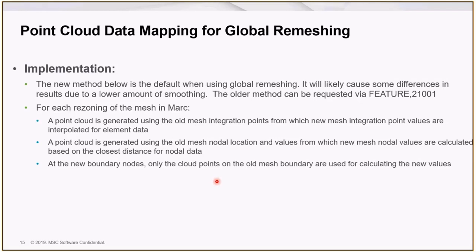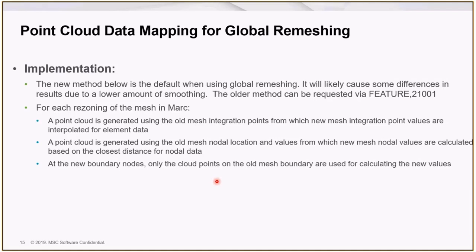For nodal data, we actually have another point cloud that's just based on the nodal locations, and we map from the old to the new, and we do it by closest distance for the nodal data. This is also very important in many cases for maintaining the accuracy of the results from the previous mesh to the new mesh.